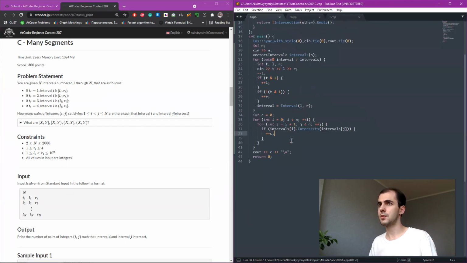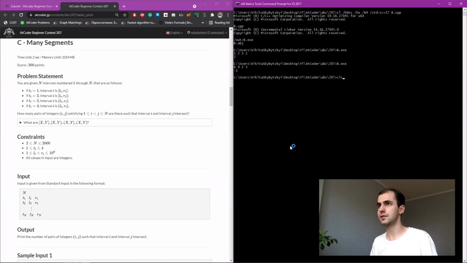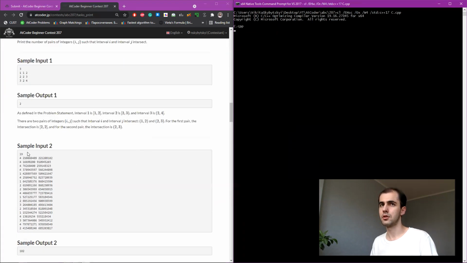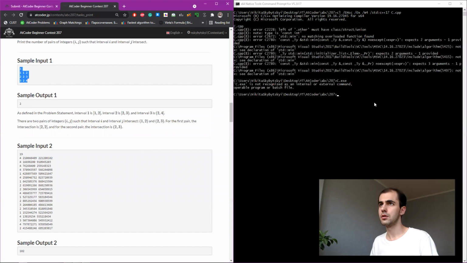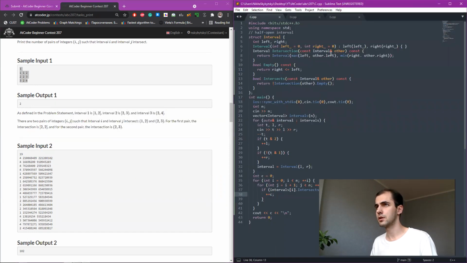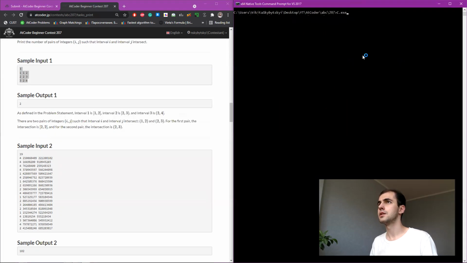Now, that's not optimal, but that's what was expected, judging from the constraints. Well, left of other must be... Oh, okay. I think that was our problem. At least one of them, clearly. I think now it works.